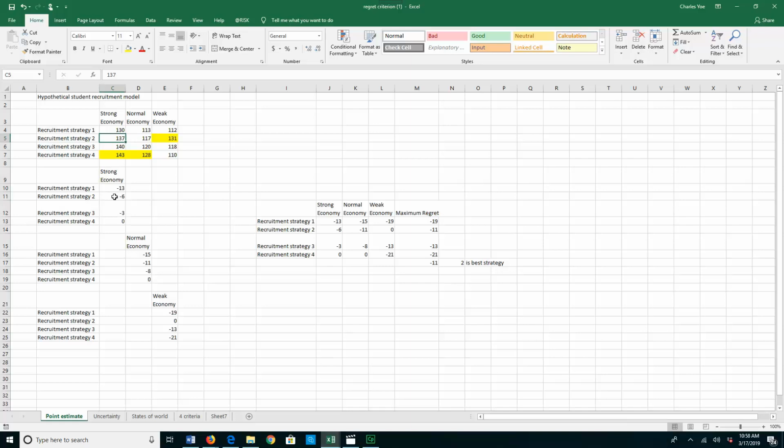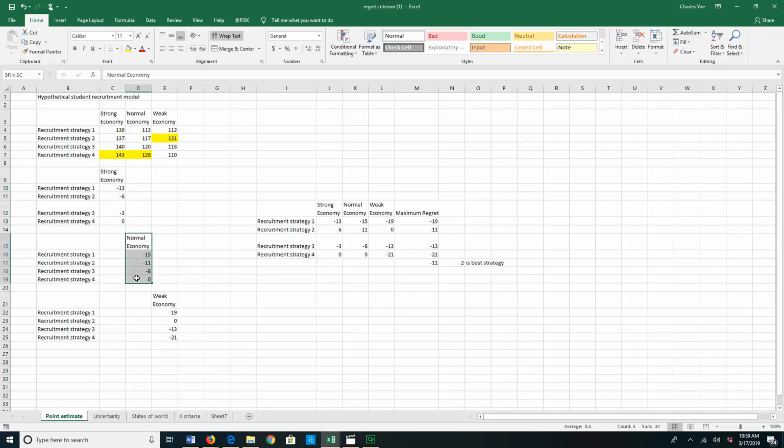Minus the 143 says our regret for picking strategy 2 is -6 students. And for recruitment strategy 1, that would be 130 minus 143, yielding a regret of -13 students. And so this would be our regret values for a strong economy.